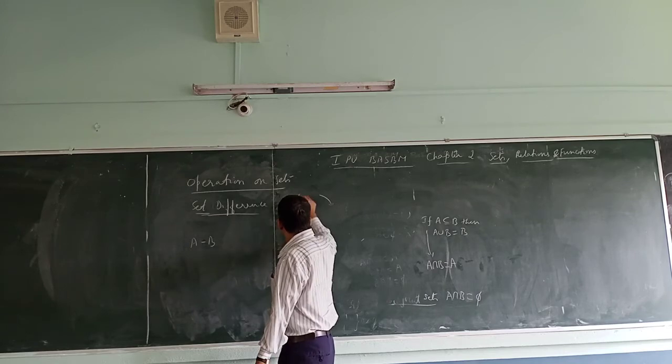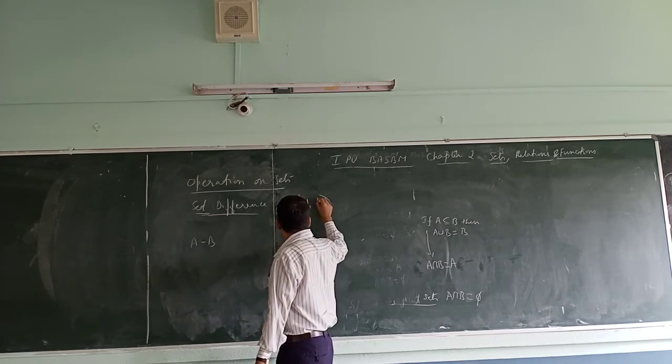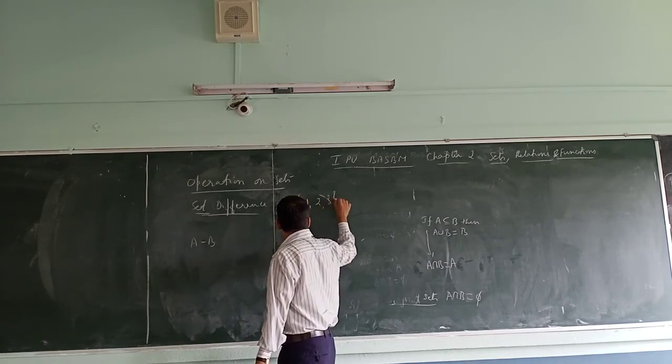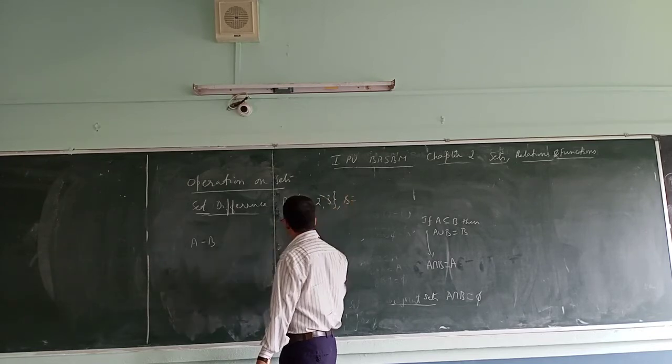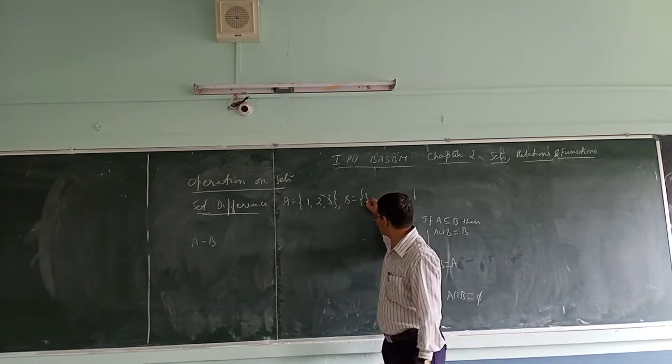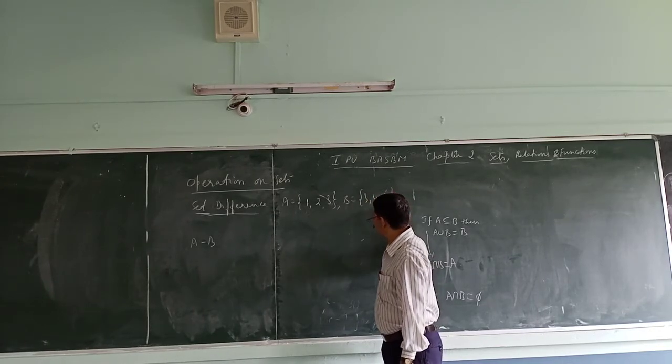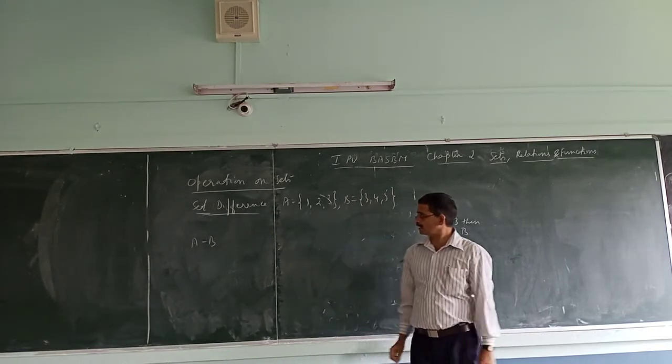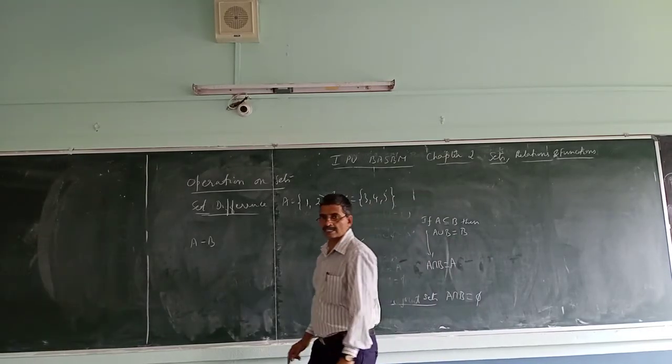Suppose A equal to say 1, 2, 3 and B equal to say 3, 4, 5. Now what is A minus B in this example?